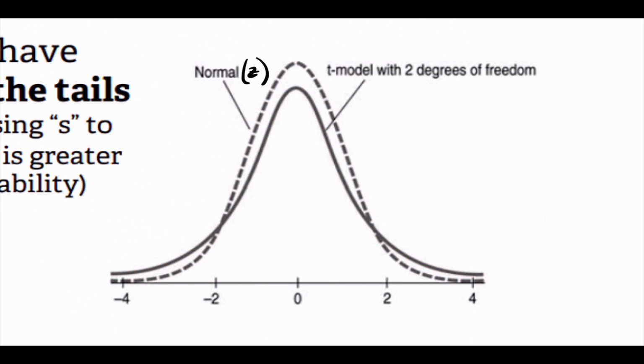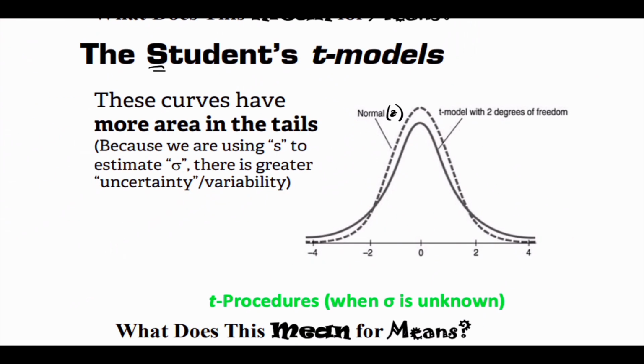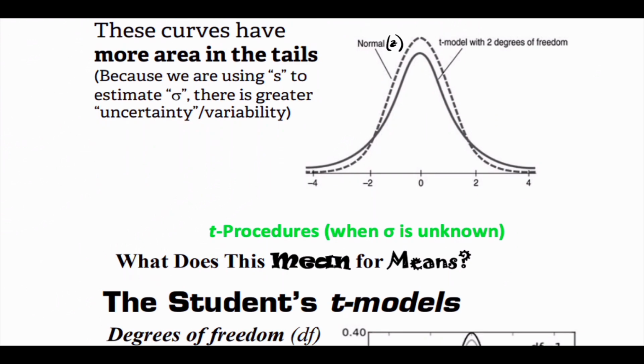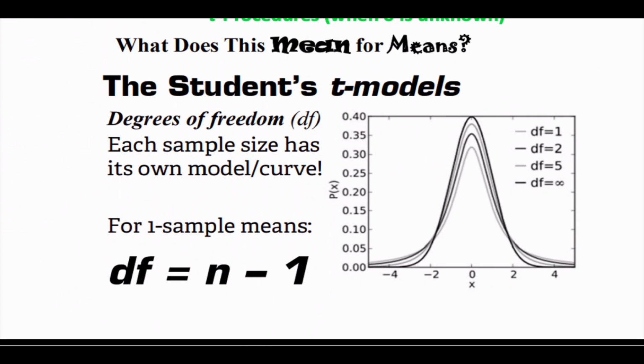We want less variability. Well, in the perfect world, we would use Z every time. But when we don't have the population standard deviation, we have to base everything off the sample. So when we do that, we have to use T. Okay? So here's another example.